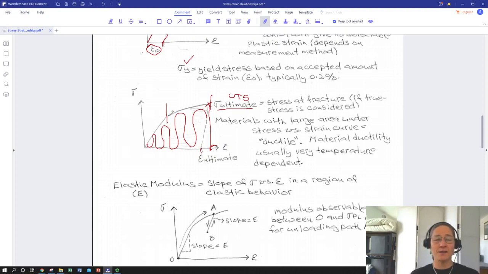So when we look at strain energy calculations, which we'll use our stress strain relationships to get, we'll calculate the energy under this portion of the curve. We'll calculate strain energy, which is the total energy necessary to elastically deform something to a certain point.